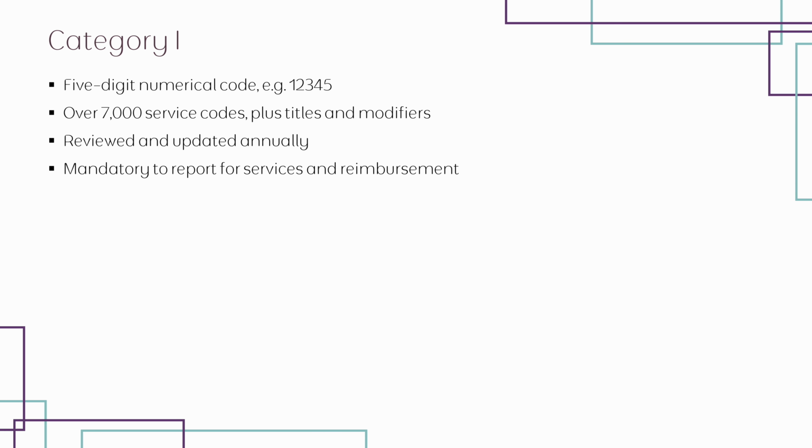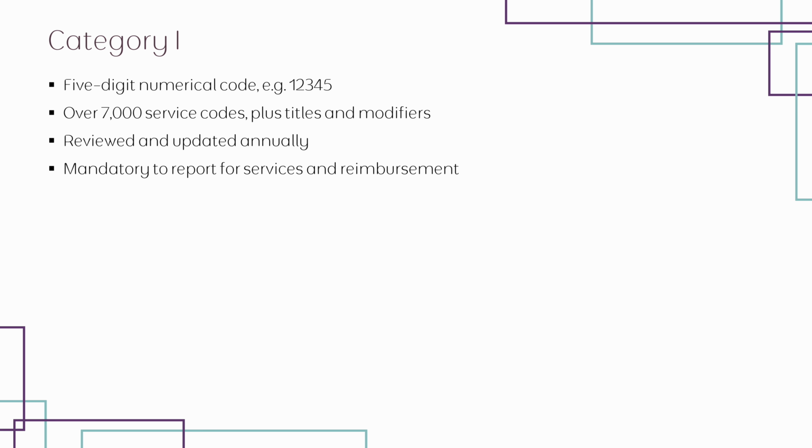Category 1 codes use a 5-digit numerical format. For example, 99234. These codes represent the most commonly used procedures, services, and professional services that are provided by physicians and other qualified healthcare professionals.